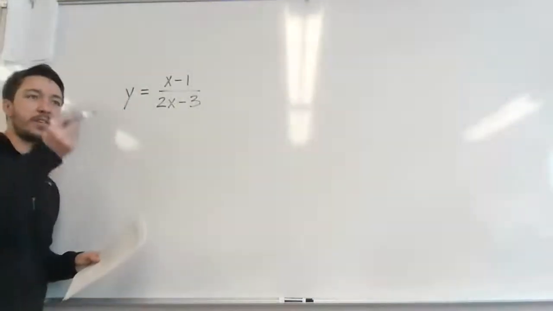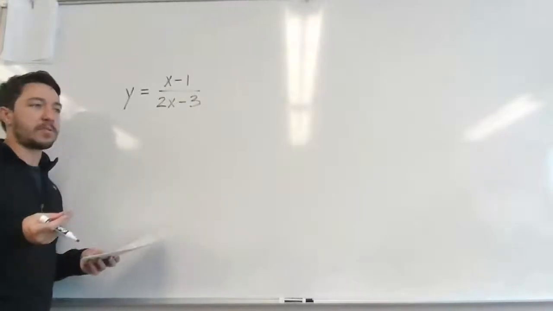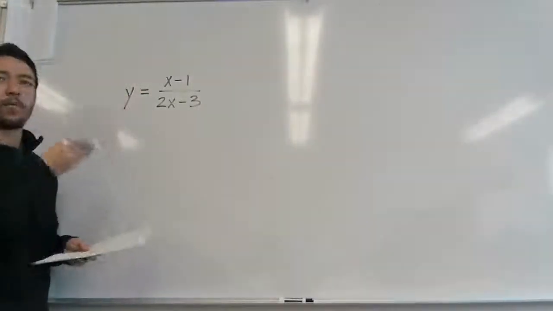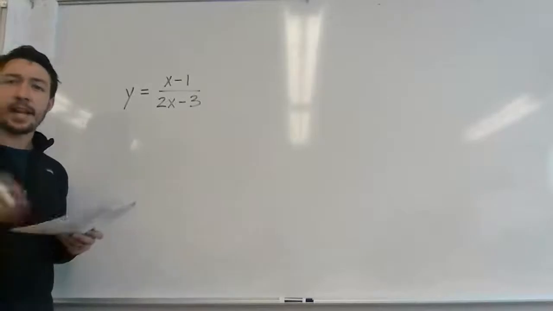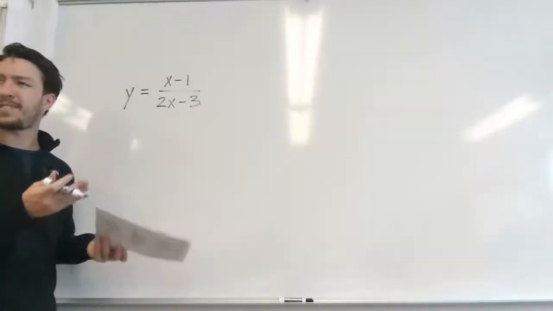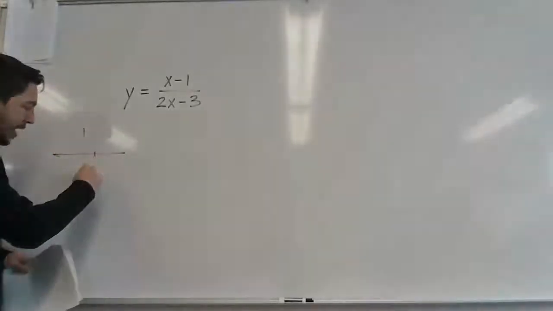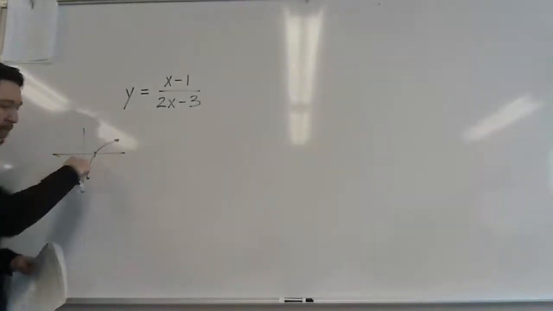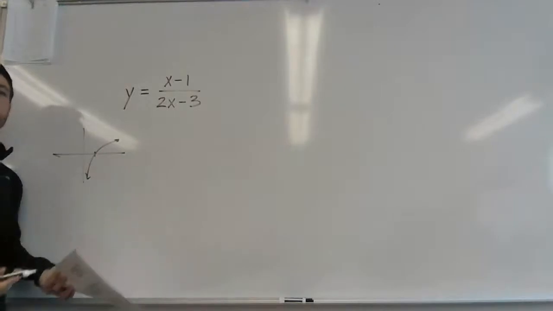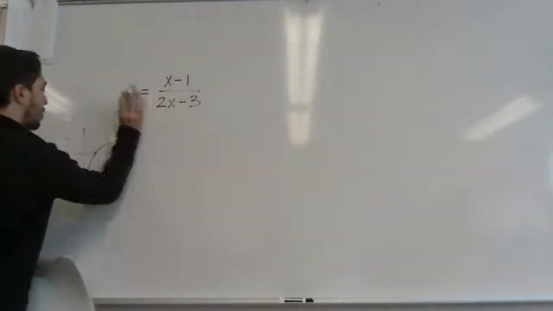Okay? Trying to see if you understand the difference. What is happening at 1 on this graph? What is the function doing? It's an x-intercept. The function equals 0 there, but that's not the same as a discontinuity, right? So a function can easily pass through the x-axis at 1 and still be continuous. So don't let that distract you.